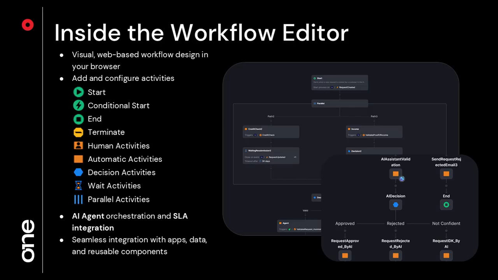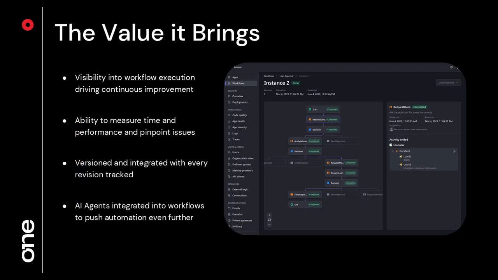Wait activities will pause the workflow until an event or a set time. And finally, we have parallel activities that will run multiple branches at the same time. And all of this comes with AI agent and SLA integration and seamless integration into your applications, your data, and reusable components. But wait, there's more.